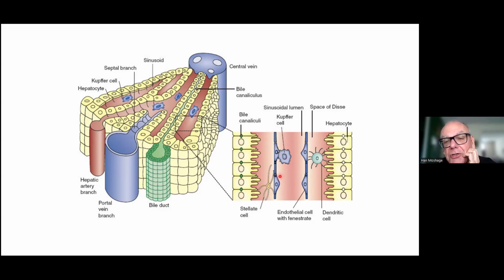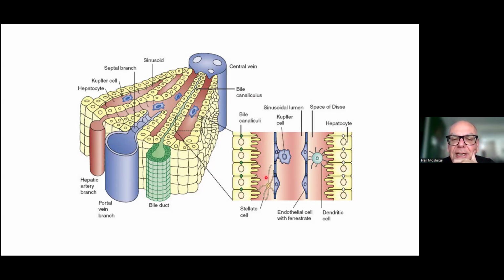Between the sinusoids and the hepatocytes, so here in the figure, there is a space. You can see a space behind the endothelial lining. And in this space, which is called the space of Disse, we see stellate cells. Stellate cells have two phases.